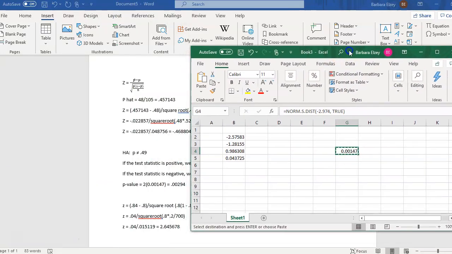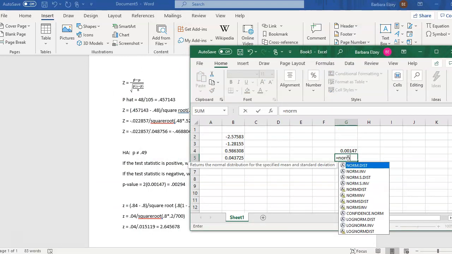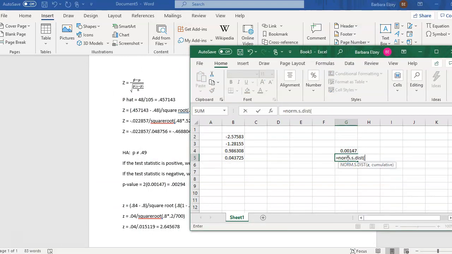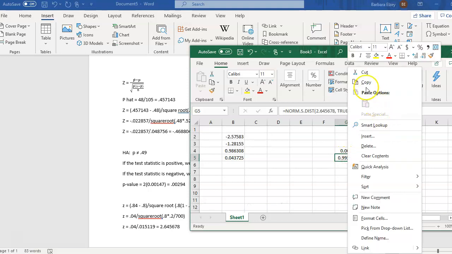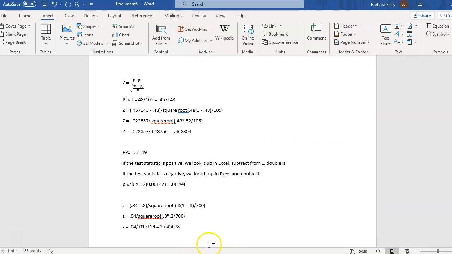I want to put in equals NORM.S.DIST, 2.645678, and true, and that gives me that value, which I'll copy and paste because I still have to subtract it from 1. So my p-value is equal to 1 minus what I just copied.